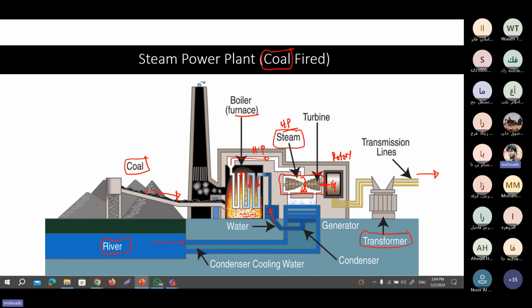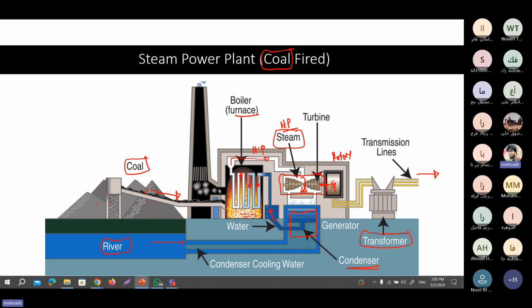So this is the way the energy inside the coal is converted into electrical energy. But actually, we use a cycle, because the water flowing here at high pressure also has high temperature. This high temperature, hot water is then passed through a process over here, known as condensation. Condensation means cooling down.